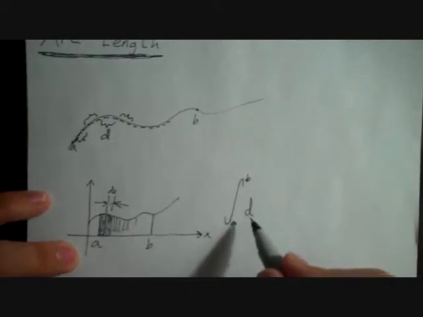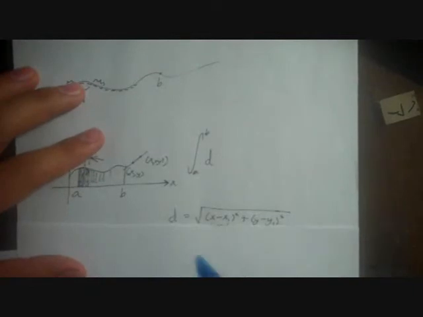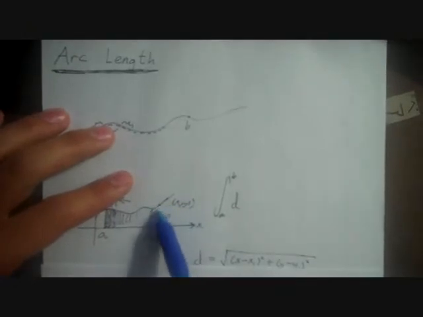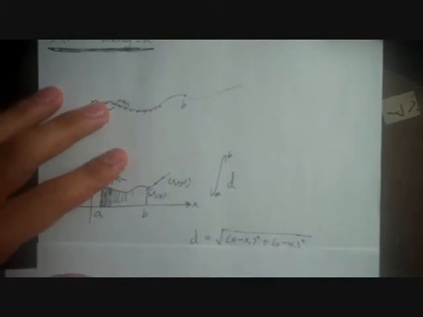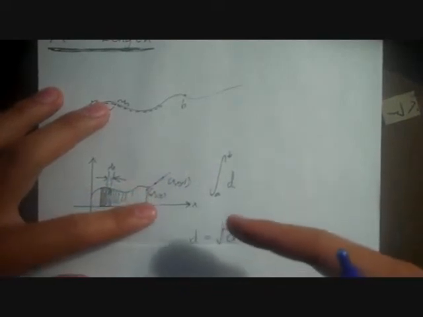Now, okay, this isn't really helpful. What's our infinitely small distance? Well, we know that the distance formula is the square root of (x minus x1) squared plus (y minus y1) squared, where the points are the ones we're trying to find the distance between. Now, in our limit, we're trying to get these two points infinitely close to each other.